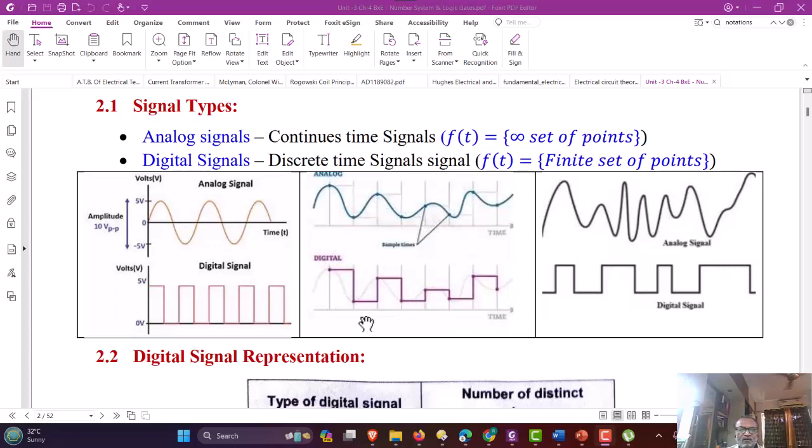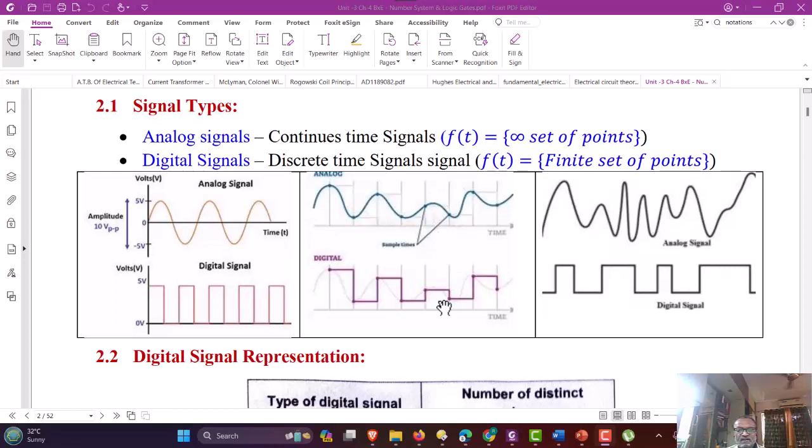If you see the corresponding digital signal, the digital signal will be defined only by a few discrete values. For example, during the first interval, the digital value is shown here. Whereas during the second interval, the digital value is low, right? Whereas during the third interval, the digital value changes again.